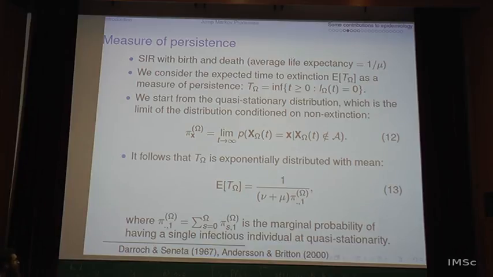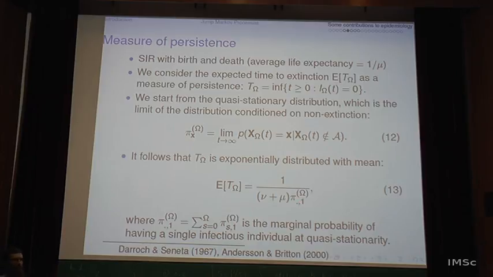What we know as results is that for this kind of models, the persistence time follows an exponential distribution. And so you see here 1 over the sum of the death and recovery rate, corresponding to the rate at which you exit the infectious compartment, multiplied by the value of this quasi-stationary distribution when you have only one infectious individual in the population.